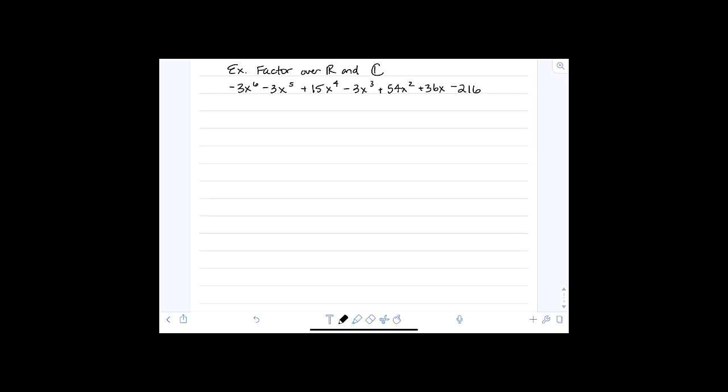So maybe even you could factor out a -3. So let's factor out a -3, and just make sure that the signs switch on all of these.